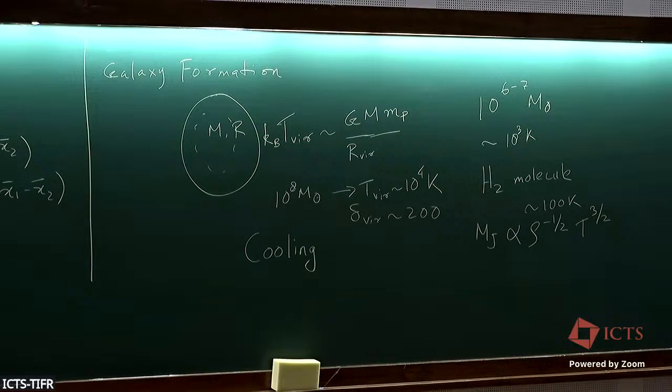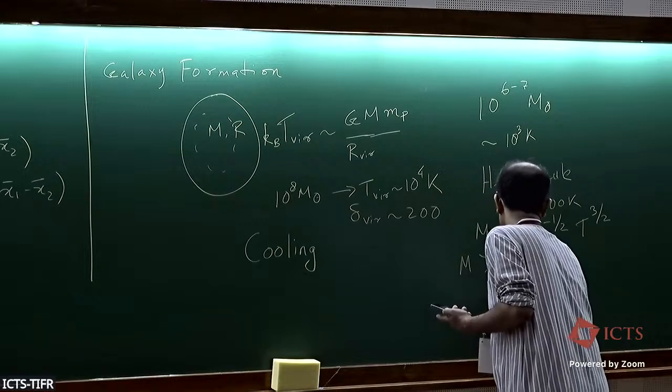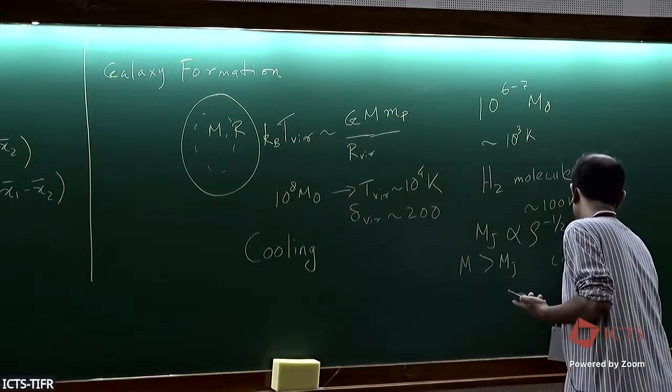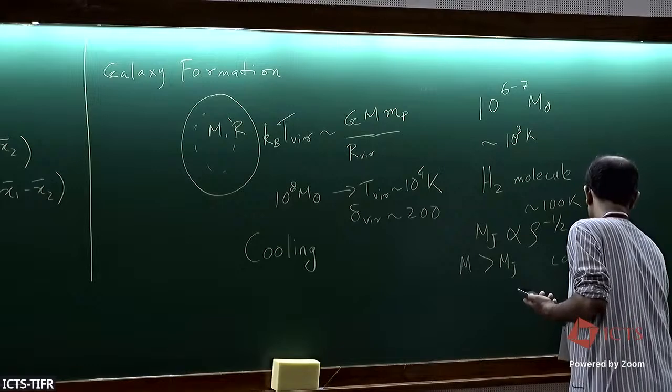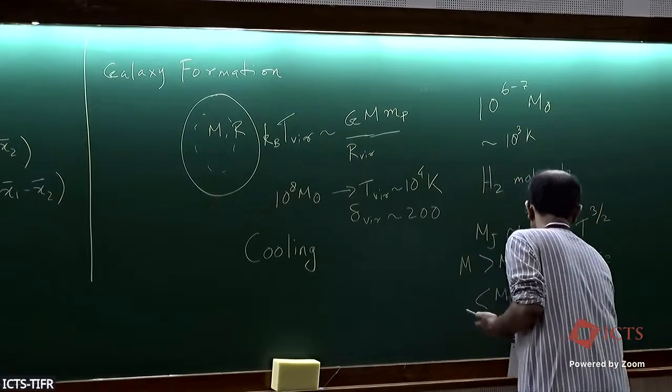Okay, that is not difficult. So this is the Jeans mass. What it tells you is that if the mass is above M_J, it can collapse. If it is less than M_J, then pressure support wins.